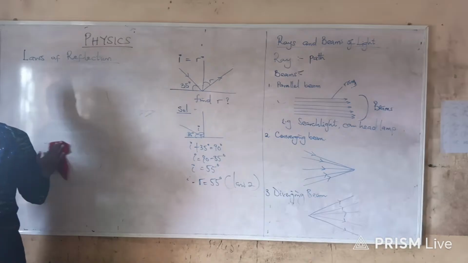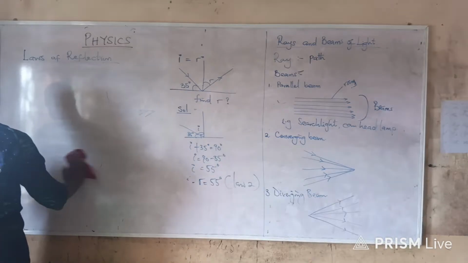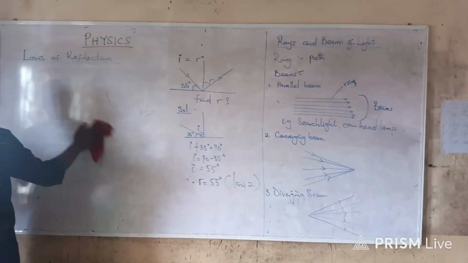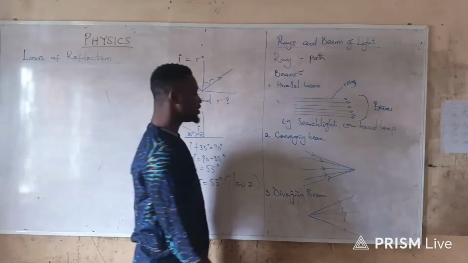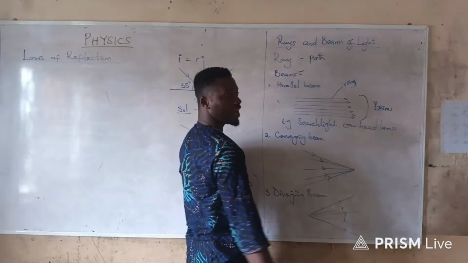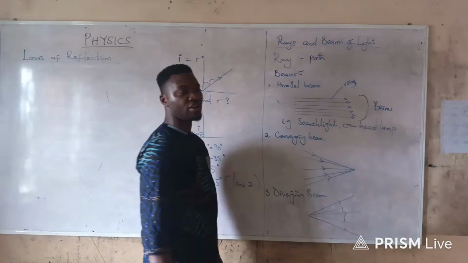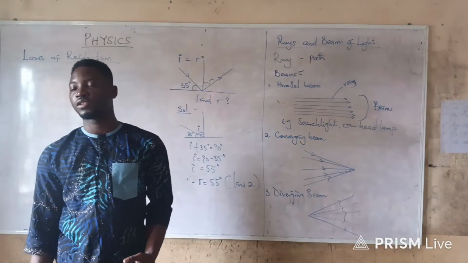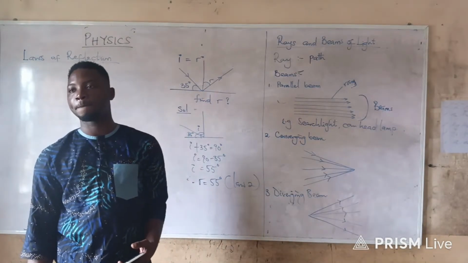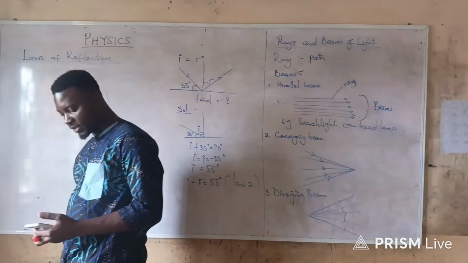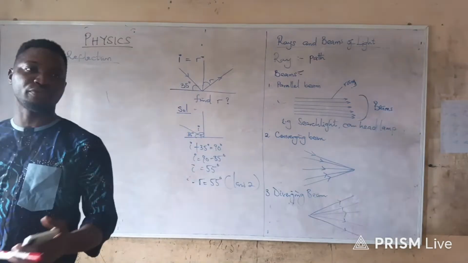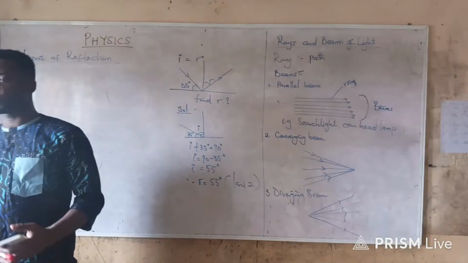Definition of diverging. Diverging beams of light are rays that travel, okay, how do I say it like this? They move away from each other. You get what I'm saying now?